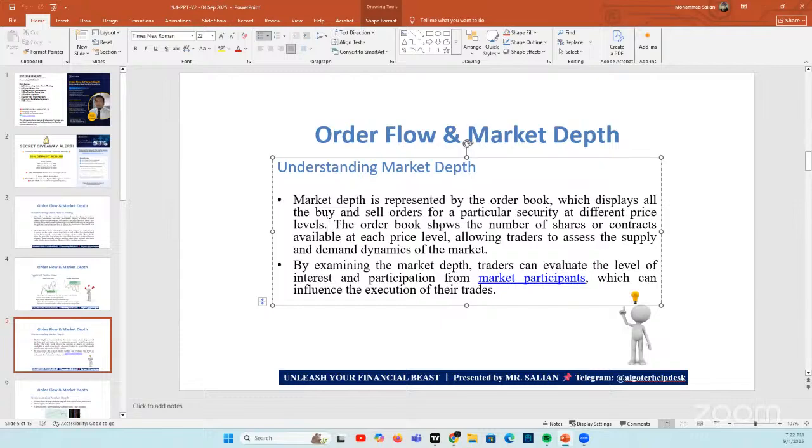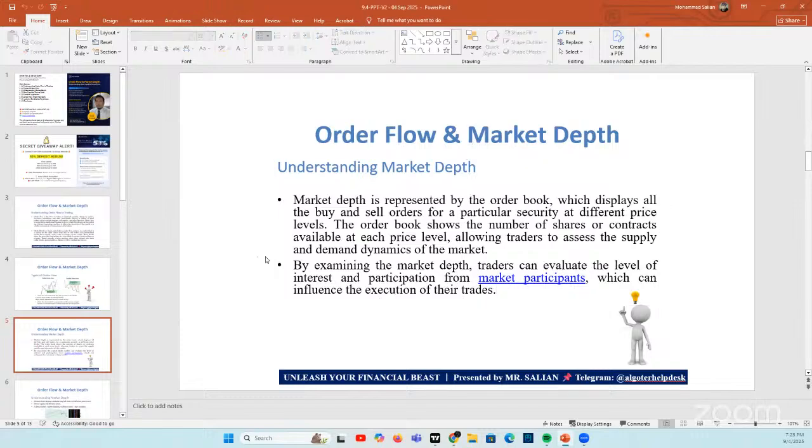The order book shows the number of shares or contracts available at each price level, allowing traders to assess the supply and demand dynamics of the market. By examining market depth, traders can evaluate the level of interest and participation from market participants, which can influence the execution of their trades.